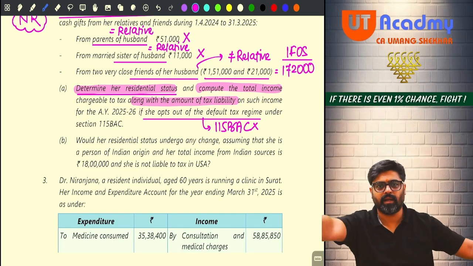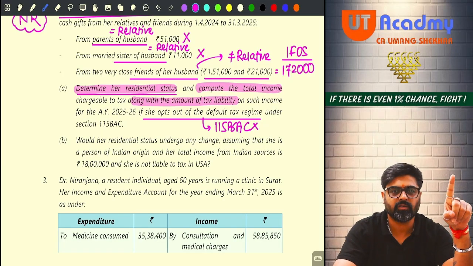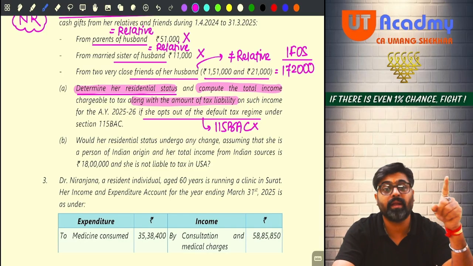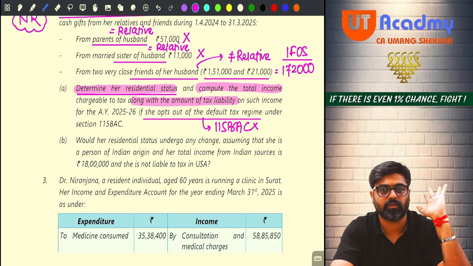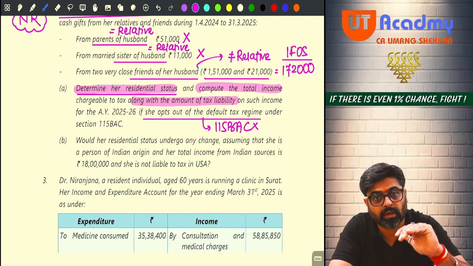But if you will not recollect, the things will not be easy. See, if you are an Indian citizen or a person of Indian origin coming to India for a visit, you will be covered by exceptions. Third exception, provided your total income from Indian sources is 15 lakhs or less.